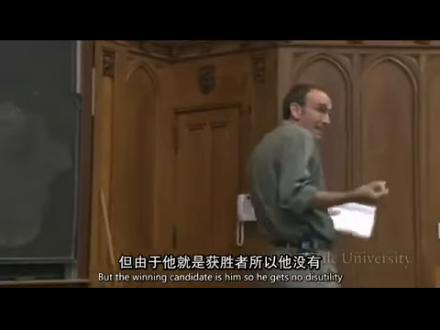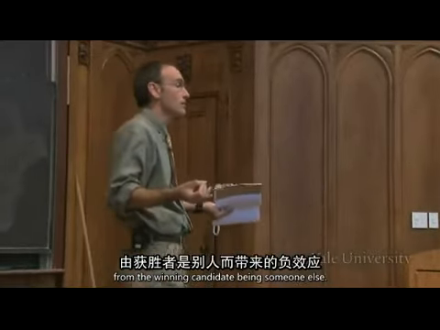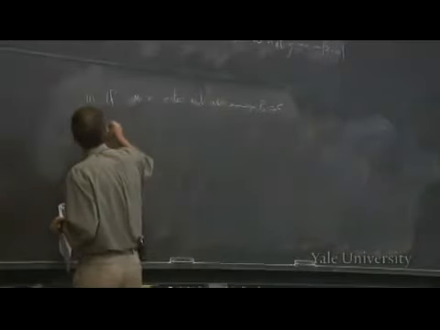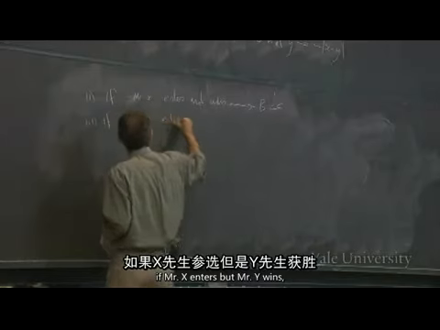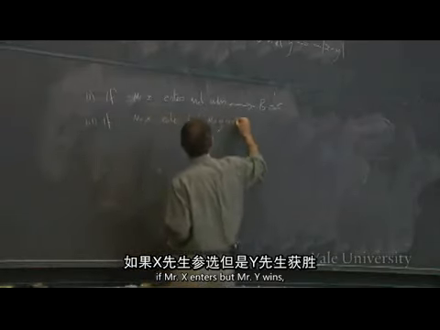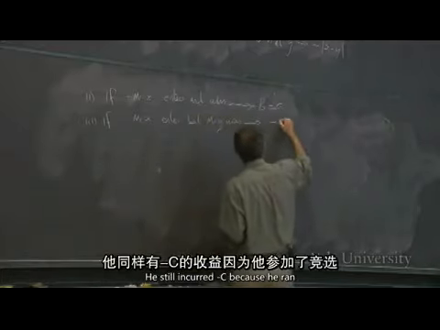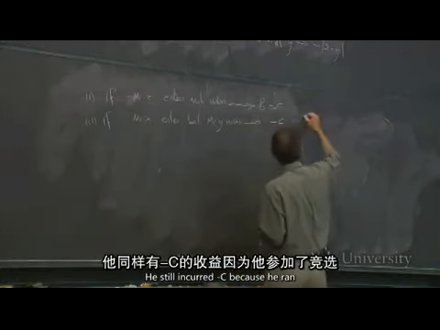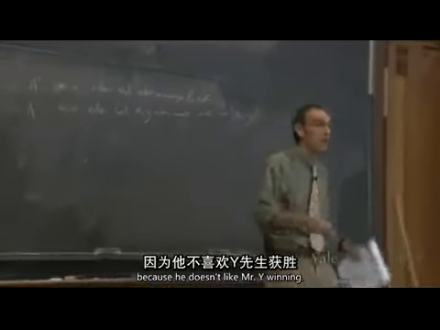But the winning candidate is him, so he gets no disutility from the winning candidate being someone else. Second possibility, if Mr. X enters but Mr. Y wins, then X's payoff is what? He still incurred minus C because he ran, and he also has a cost of |x − y| because he doesn't like Mr. Y winning.